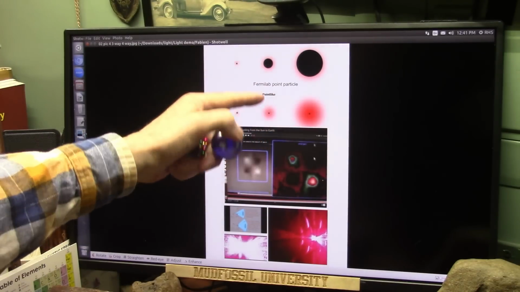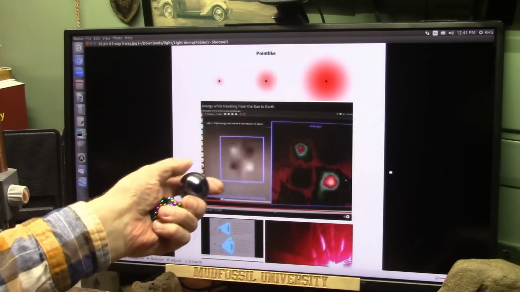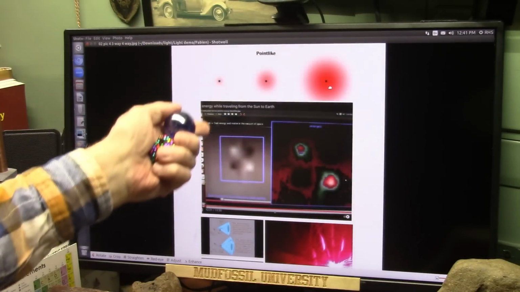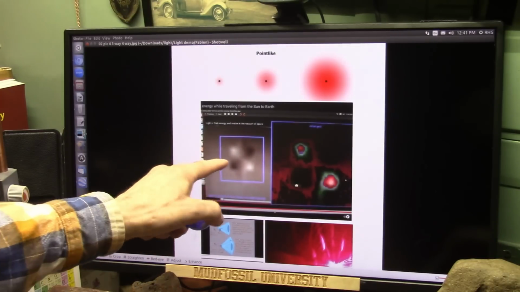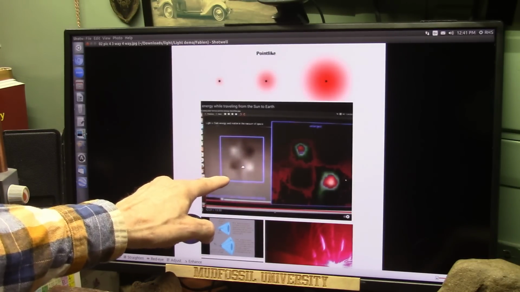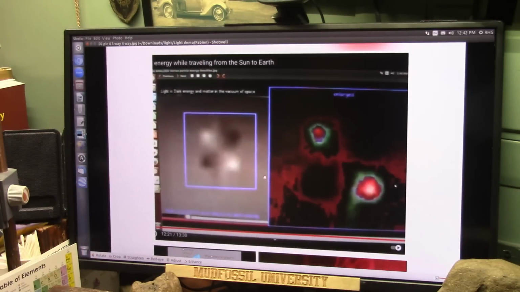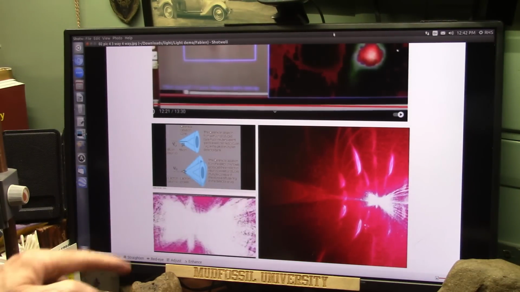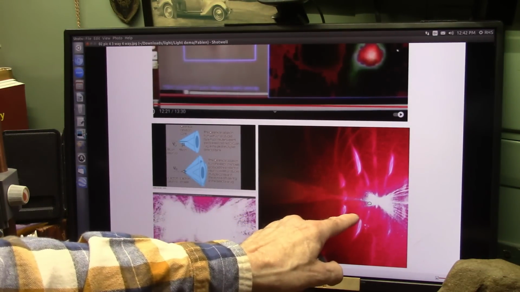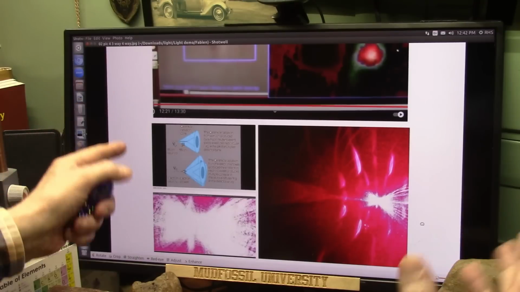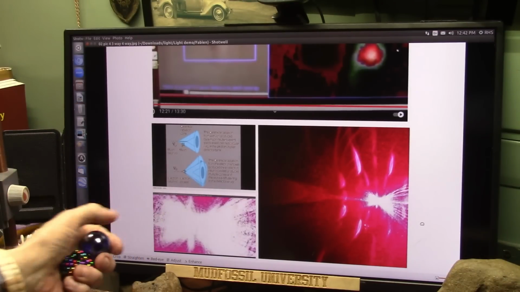A glowy little bugger that has no weight. And that's exactly what they say. They can't find any weight, and the other one has all the weight. And we found them in light. Now they found them in just big chunks, and they didn't know what to make of them. We know exactly what to make of them, because they accelerated through the Venturi, exploded at the Venturi, and the white separated from the black.